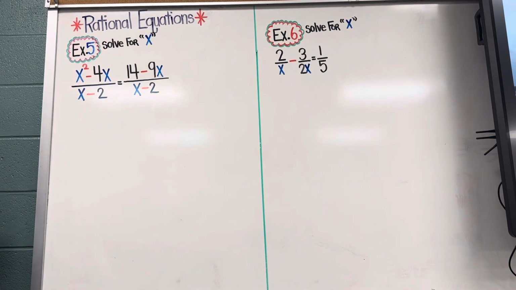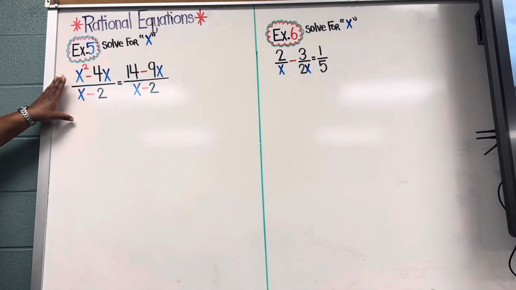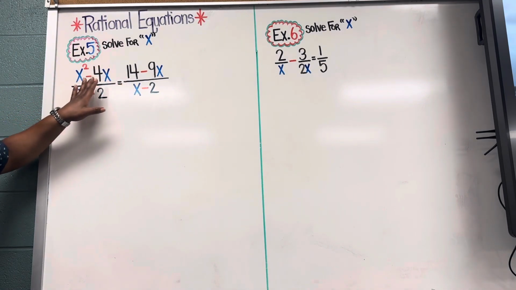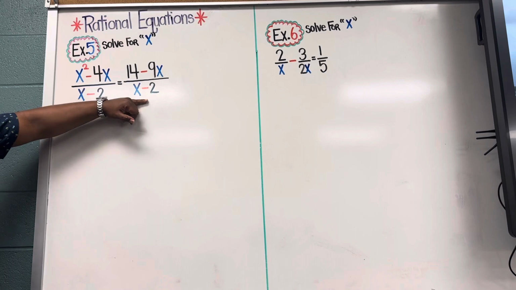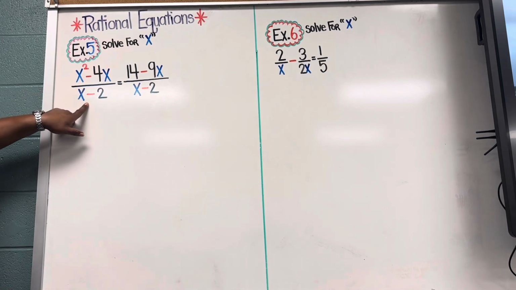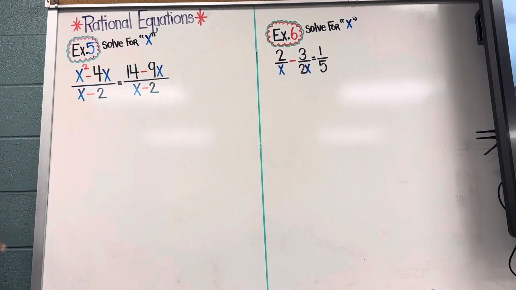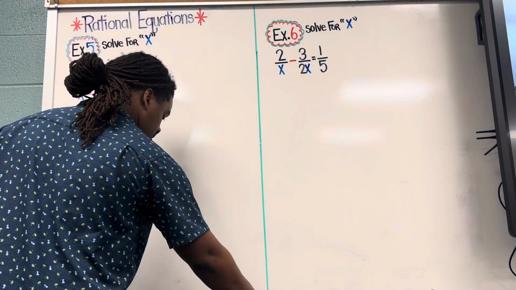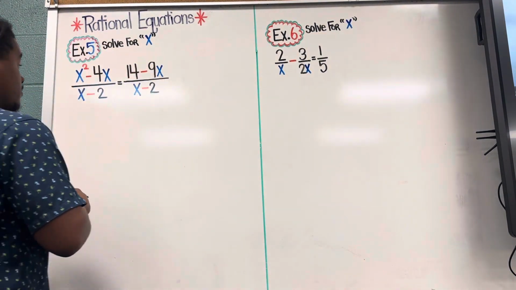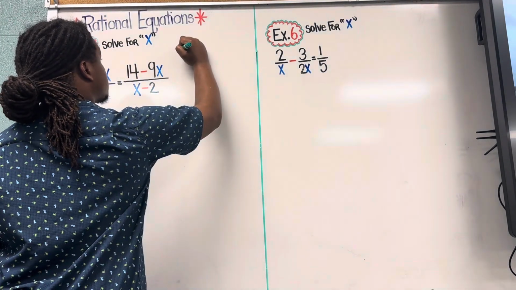Now, remember, guys, whenever we are adding or subtracting fractions, they have to have the same denominator. Even though we're not adding necessarily, we're just making this be equal, they have to have the same denominator, and they do have the same denominator, which is x minus 2. So let's go ahead and put that. So the least common denominator, or the LCD, is x minus 2.